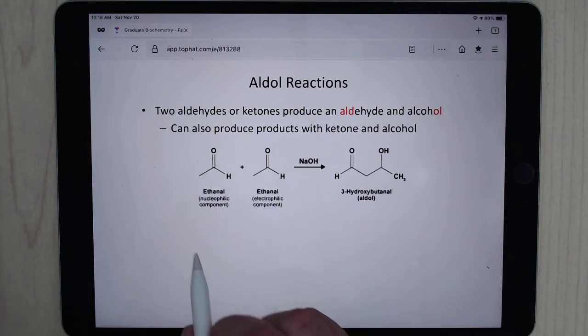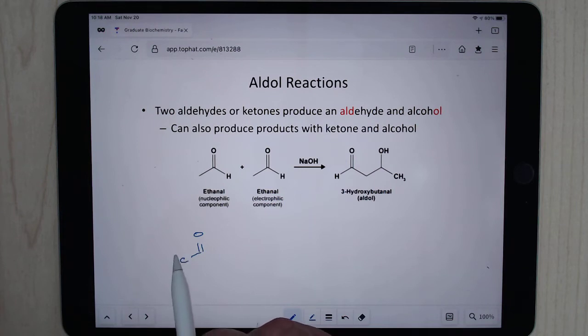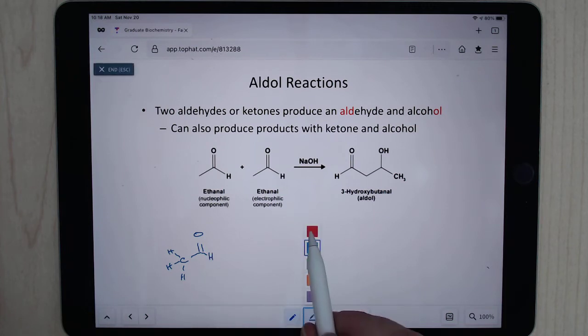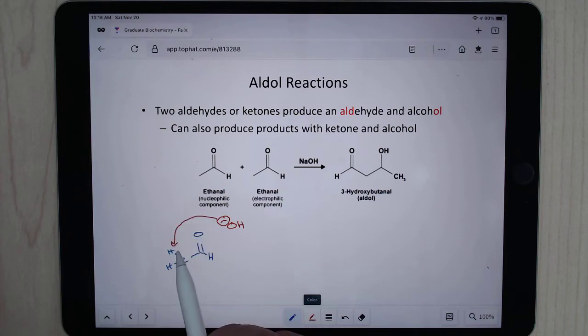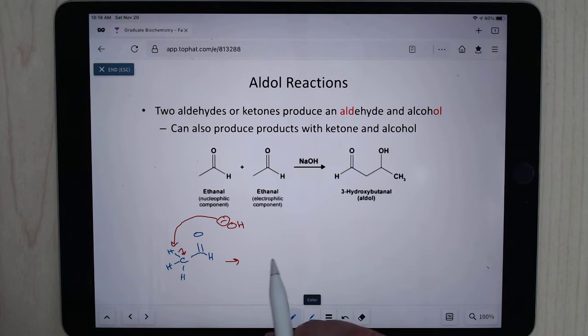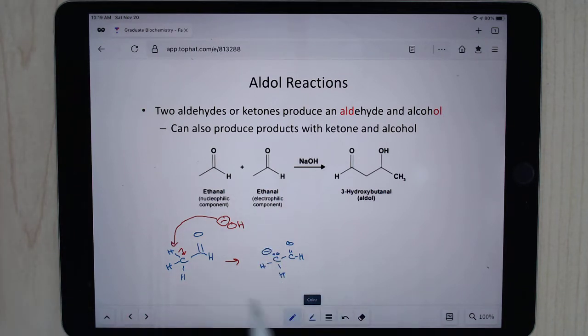If you're looking at something like this, we put in some hydroxide. That's going to grab that, and you're going to be left with that, plus water.